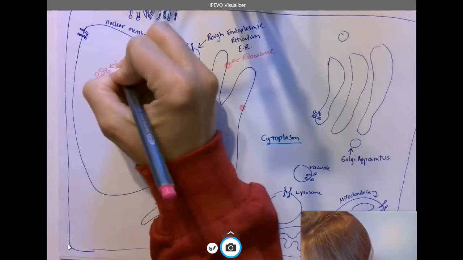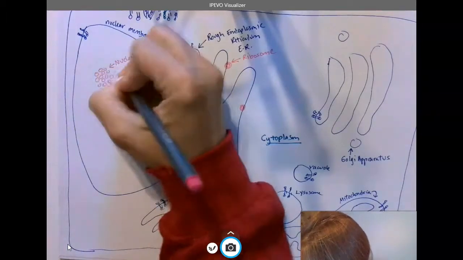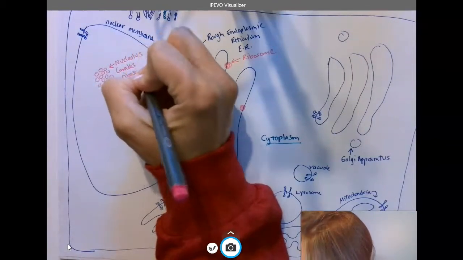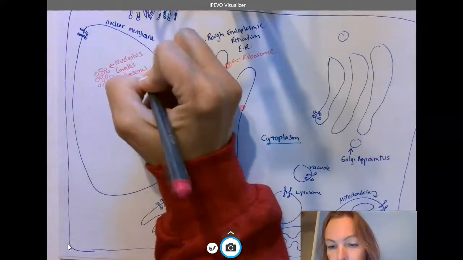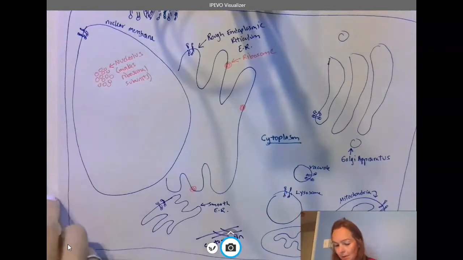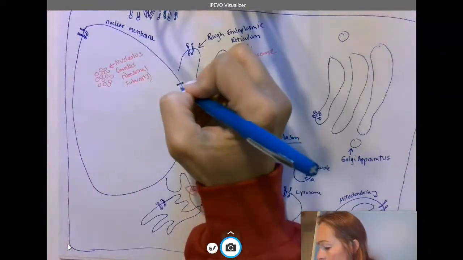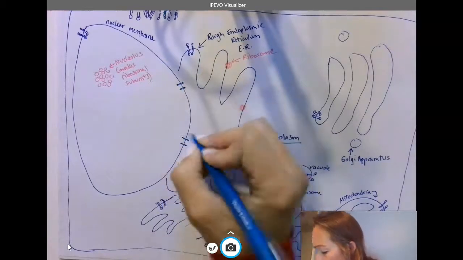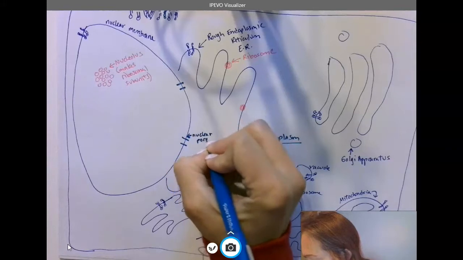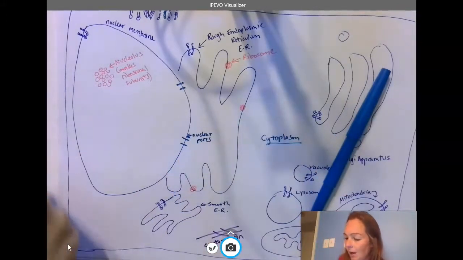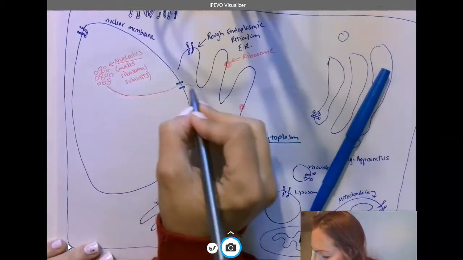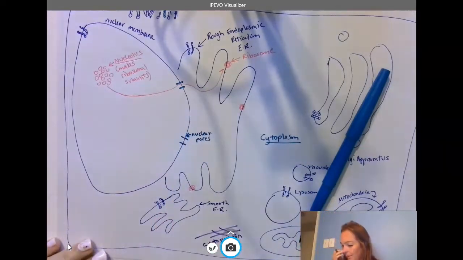The nucleolus makes ribosomal subunits, which means it makes parts of the ribosome. Those parts of the ribosome then leave through holes in the nuclear membrane, known as nuclear pores. These ribosomal subunits move through the nuclear pores, assemble themselves, and become ribosomes.